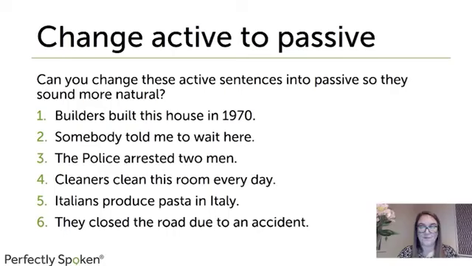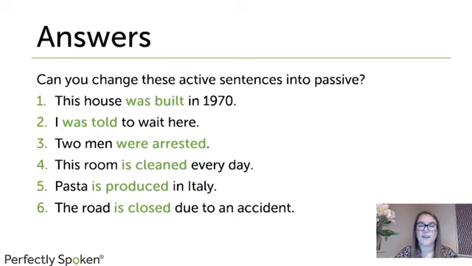Okay, how did you find that? Let's have a look and check our answers together. So, number 1, this house was built in 1970. Number 2, I was told to wait here.